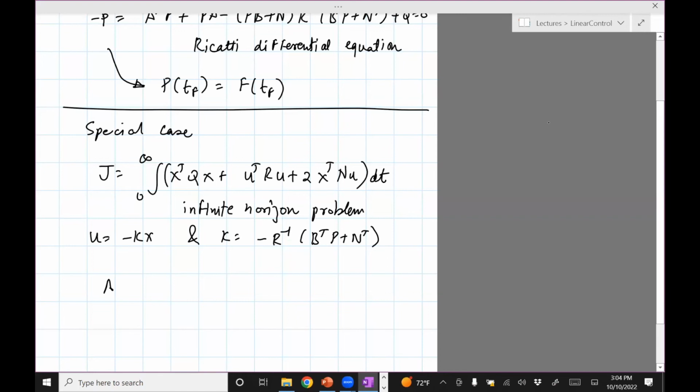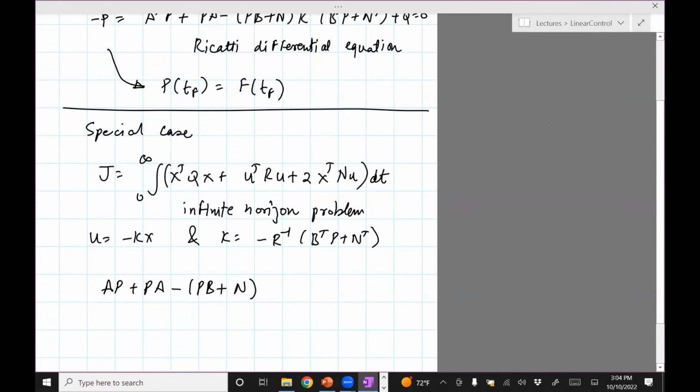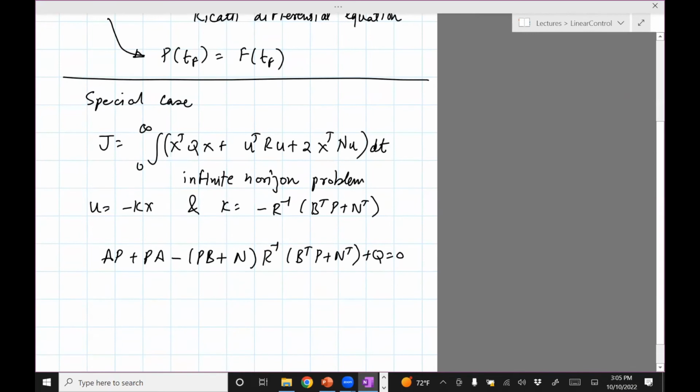So we have A transpose P plus PA minus (PB plus N) R inverse (B transpose P plus N transpose) plus Q equals 0. This is the steady state Riccati equation.